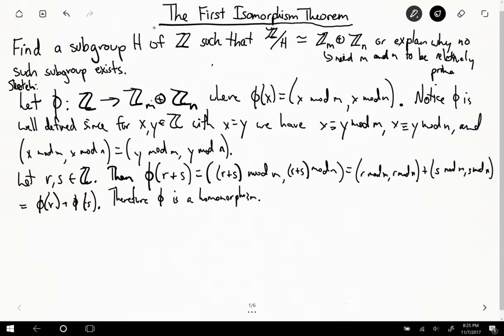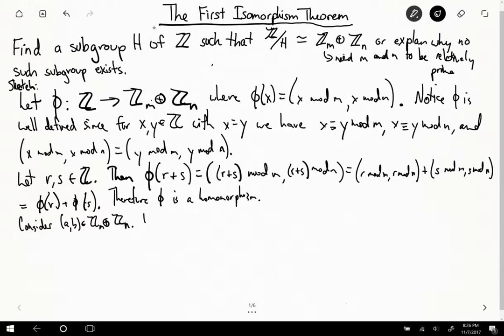For the onto part, okay, consider an element (A, B) in this direct product.